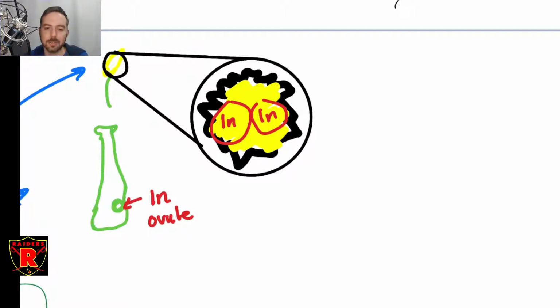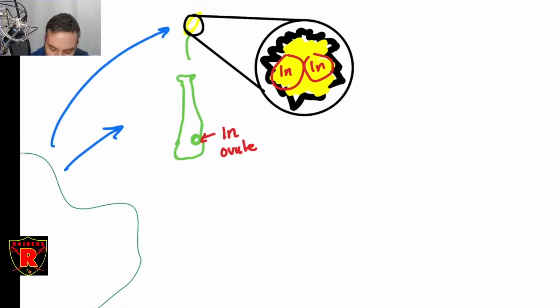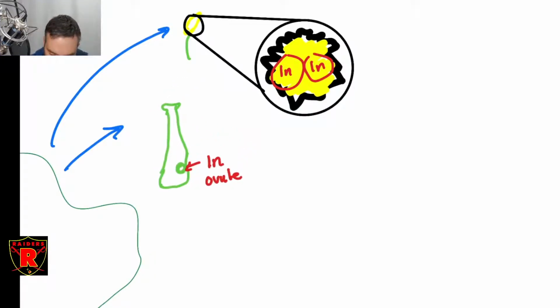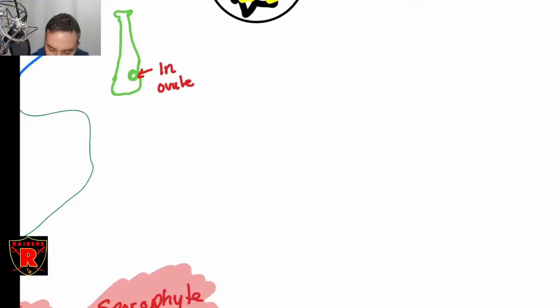So we think of these as a totally separate generation from the adult plant. They're going their own way and making their own way in the world.